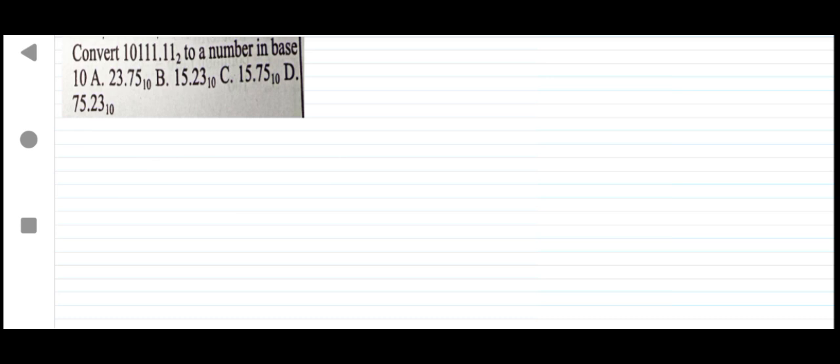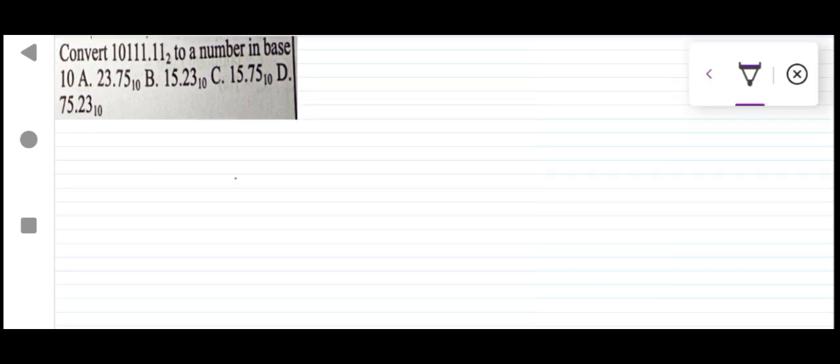You will write those numbers first. As we can see right here, the numbers present are 1, 0, 1, 1, 1. So we have points, right? So continue. 1, then 1.